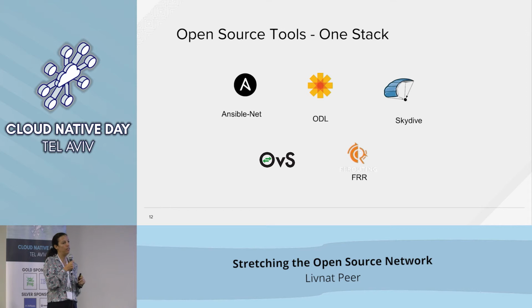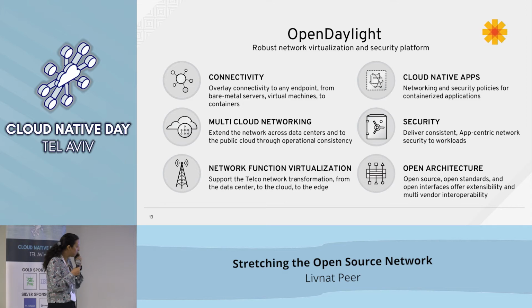I'm not going to get into too many details there because they are the basics of, I think, almost every open source solution these days. So they are given. The only question, and what I'm going to try to explain now, is actually the upper level, which is Ansible networking, OpenDaylight, and Skydive, the combination of the three, and to see what they can give us.